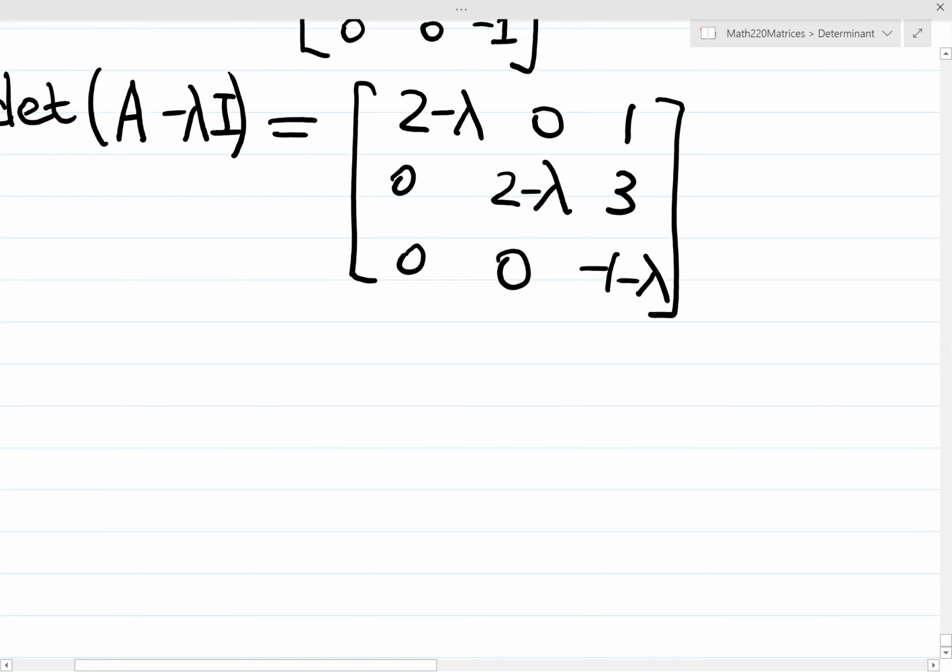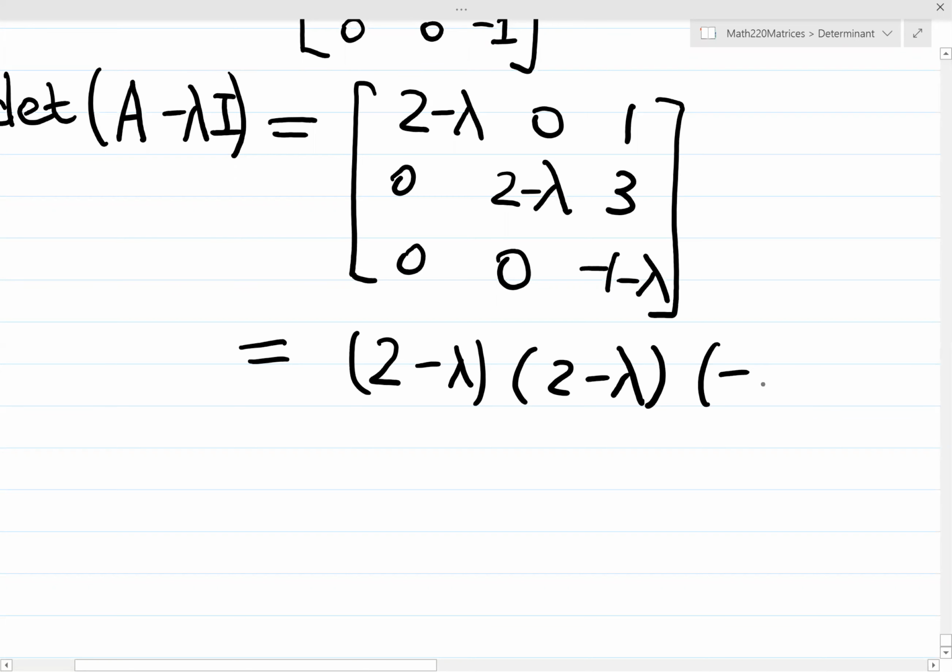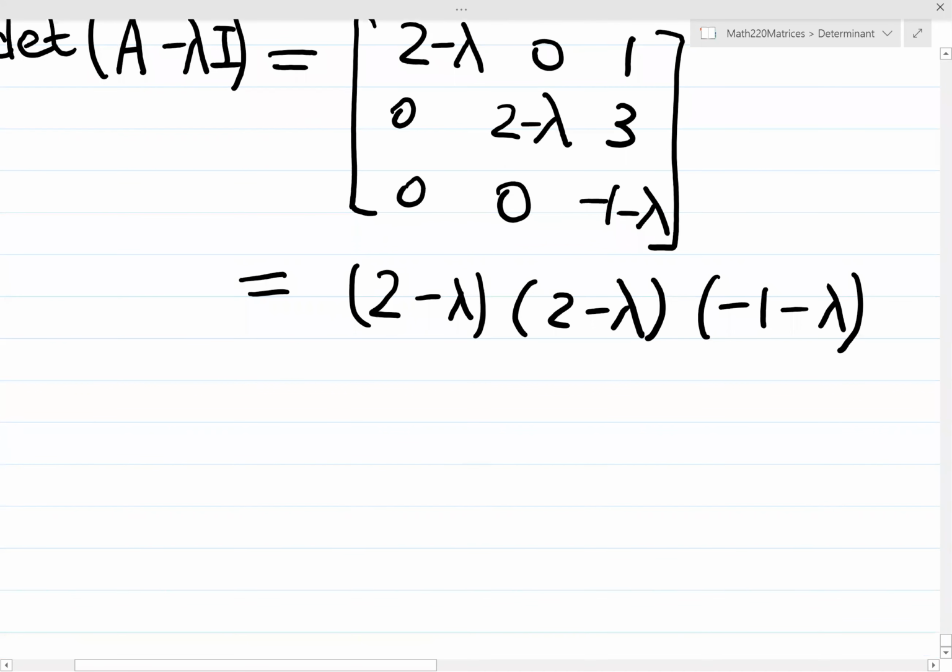Here it's easy, because the matrix is upper triangular. The determinant of an upper triangular matrix is the product of the main diagonal terms. So we have 2 minus lambda, 2 minus lambda, and -1 minus lambda.